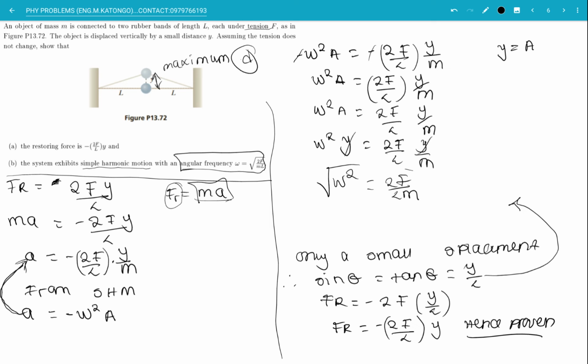Square rooting both sides of the equation, we have the angular frequency being equal to the root of 2F over Lm. Hence, proven.